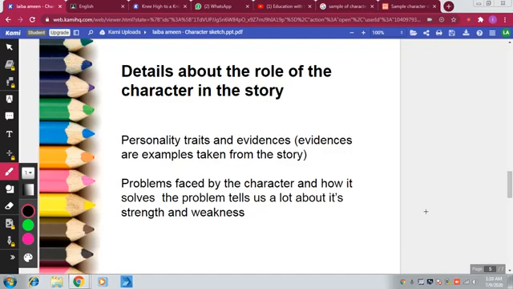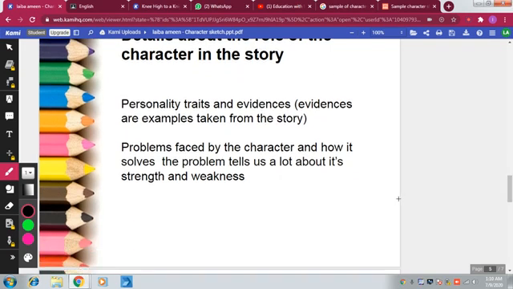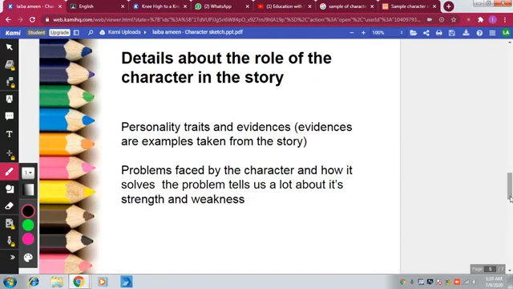Why do you say that? You need to have a proof. Important: the problem faced by the character and how it solves the problem tells us a lot about its strengths and weaknesses. So you have to write its strengths and weaknesses as well in that third paragraph.